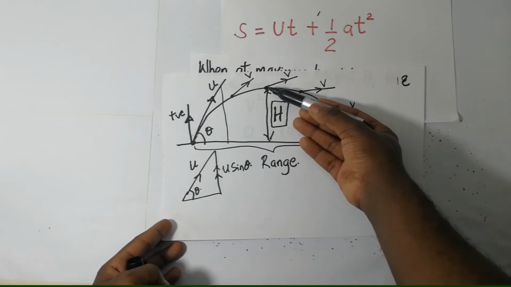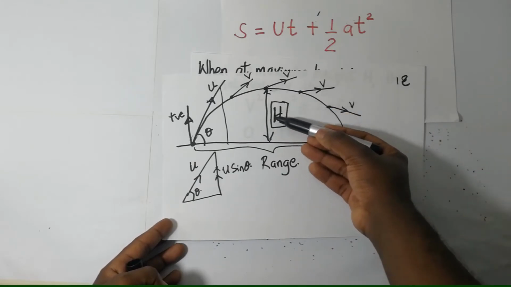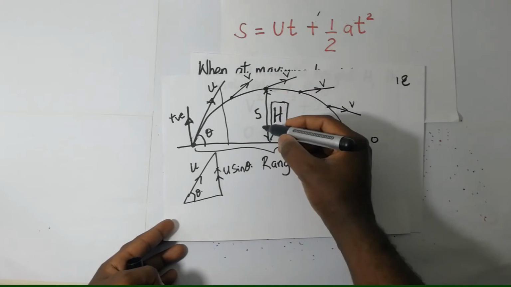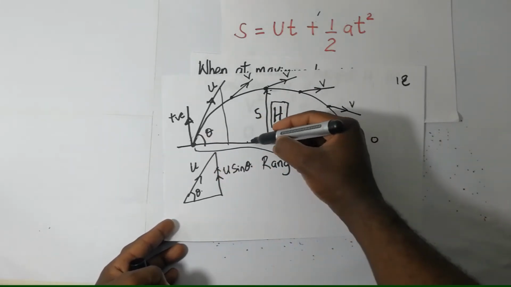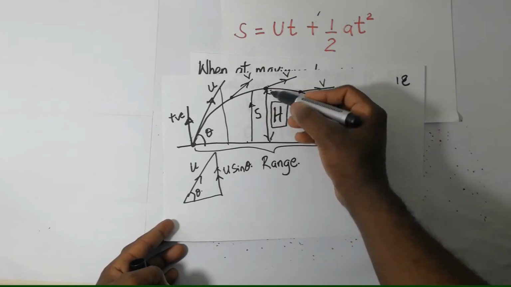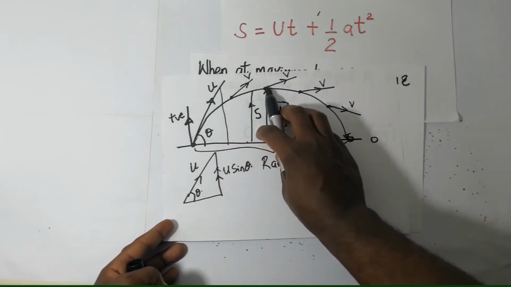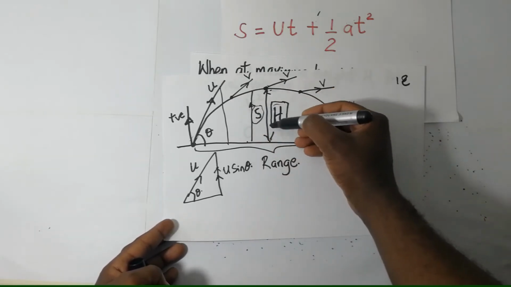When the particle momentarily pauses, when velocity is 0, we have attained maximum height. So the displacement here, the value of s, counted from ground zero, when the particle momentarily pauses, that is when the velocity is 0, is actually the maximum height.